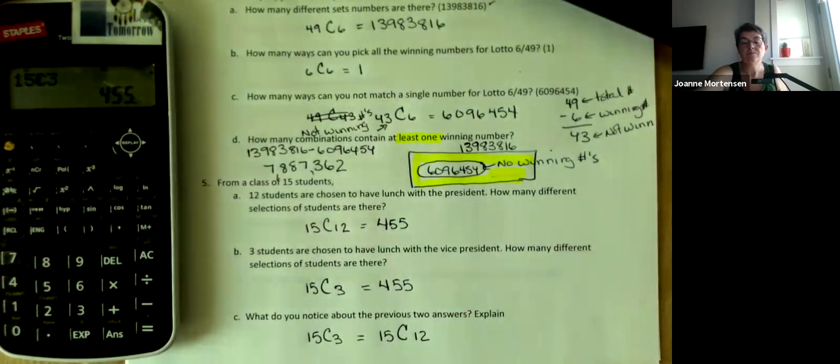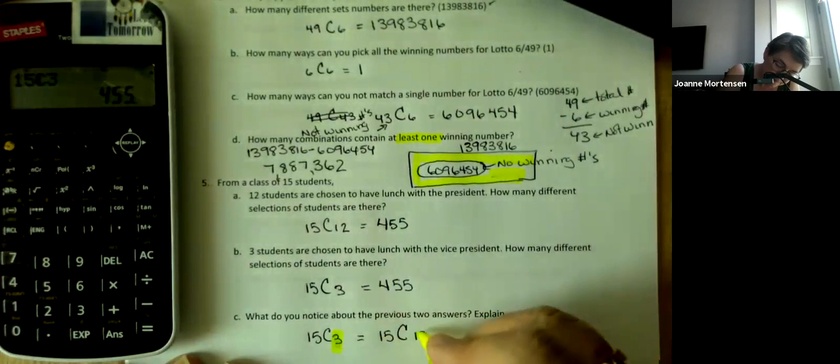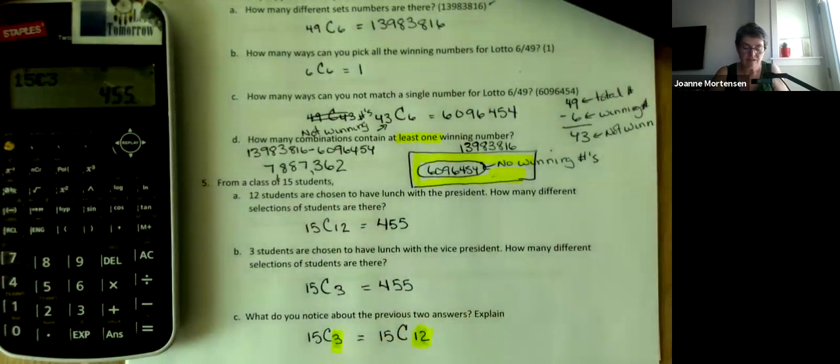So the sneaky part here is these 2 numbers. If they add up to the front number, they're going to be the same. So choosing 3 and choosing 12, they're not complements of each other, but you get the same answer, because I always think of it, instead of choosing 12 students, I could just choose the 3 that aren't going.